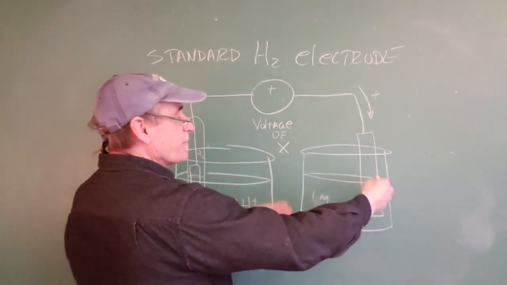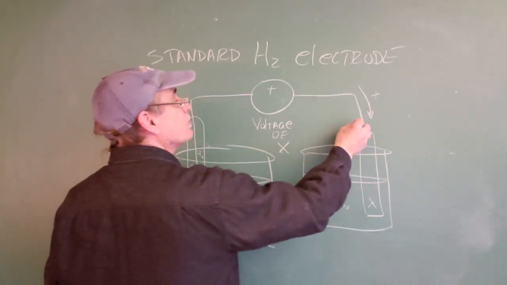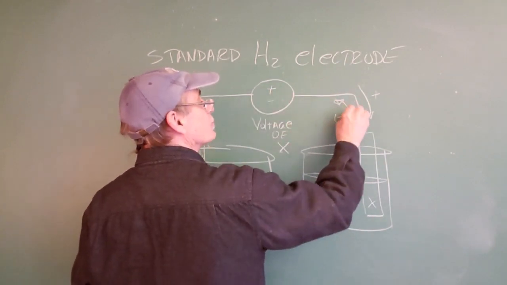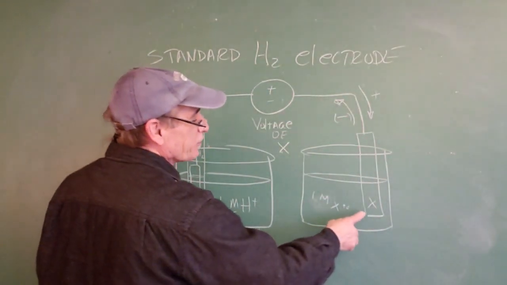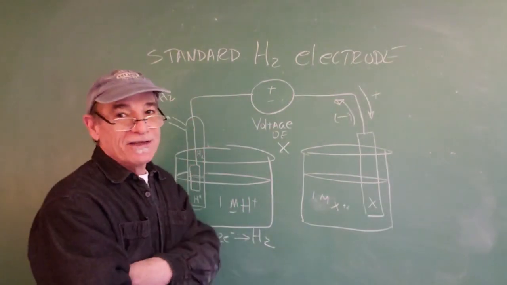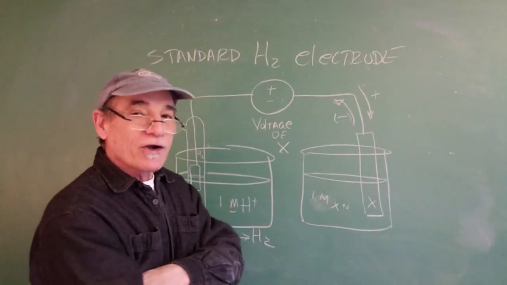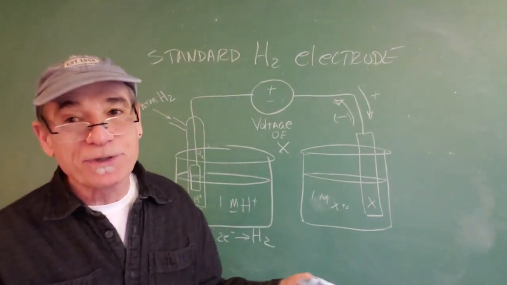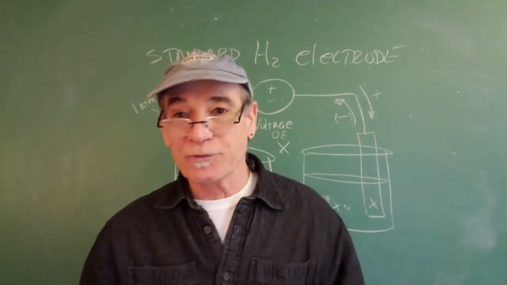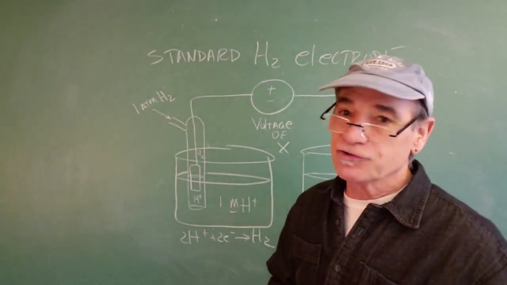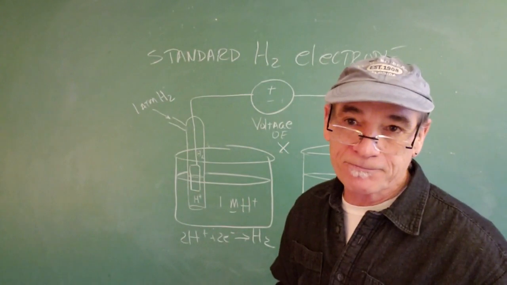If, however, we hook up that half cell to the hydrogen and the electrons flow the other way, and it gives us a negative value for voltage, well, that means then that this thing really would prefer to be oxidized and ends up being below the hydrogen on the reduction table. All right, so again, they had to pick somebody to be in the middle, and it was hydrogen that ended up having that 0 voltage. Everything else is just measured relative to it.